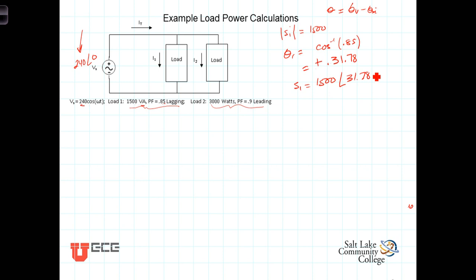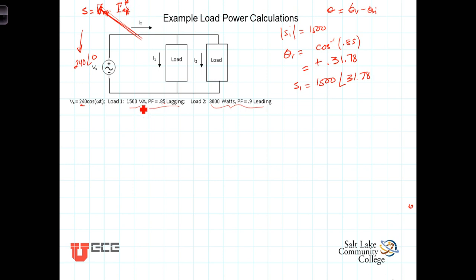I should have started out by saying that in order to get these currents, given the voltage and given the power, we can find the current directly if we know what the complex power of both of these loads are. Because we know that S is equal to phasor V effective times phasor I effective conjugate.